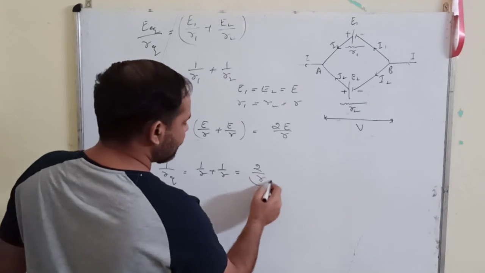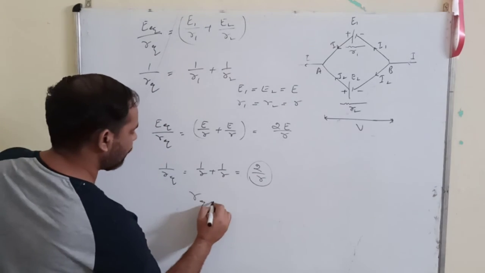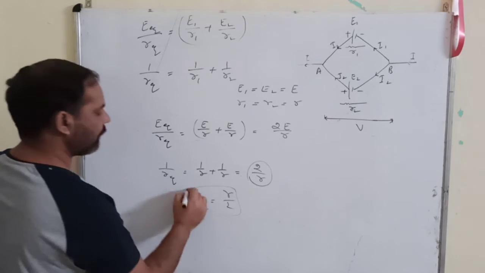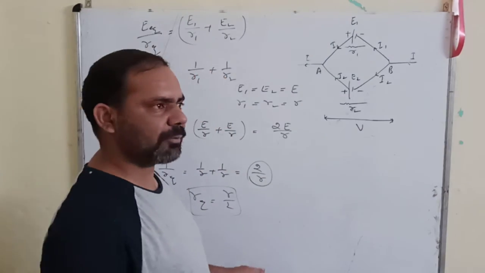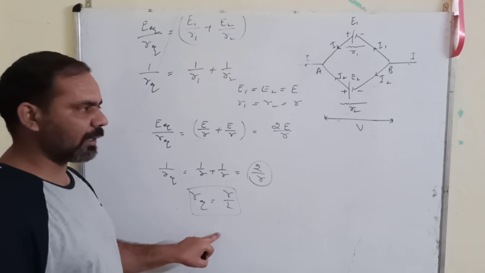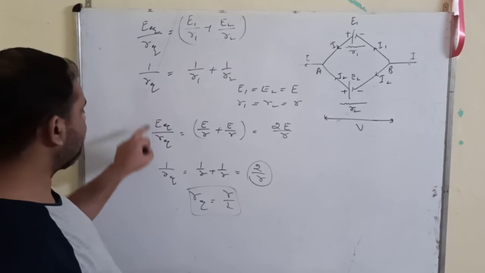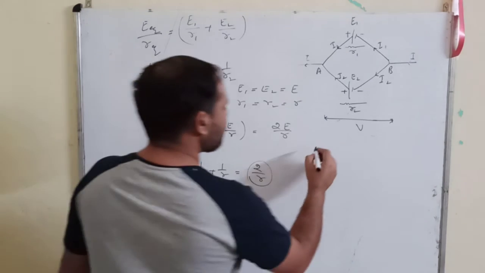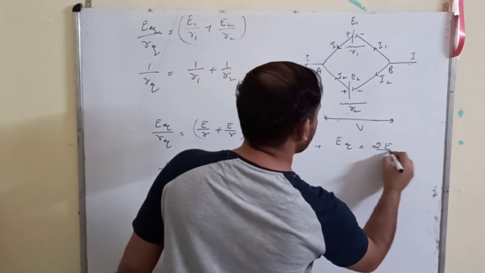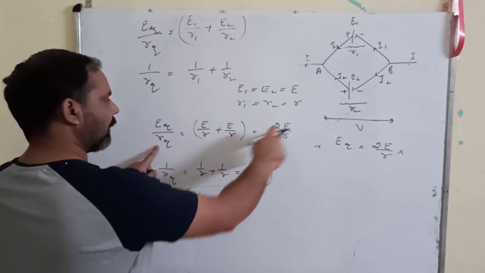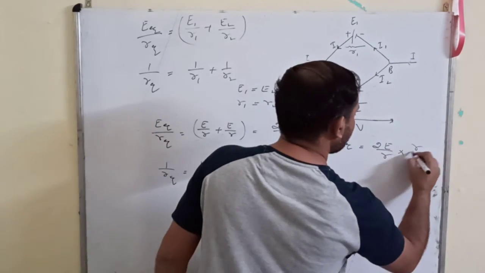So your resistance is R by 2, the internal resistance of the cells in parallel combination becomes half. Now you replace this value in this expression, so you get E equivalent is equal to 2E upon R into R equivalent, and R equivalent is R by 2.